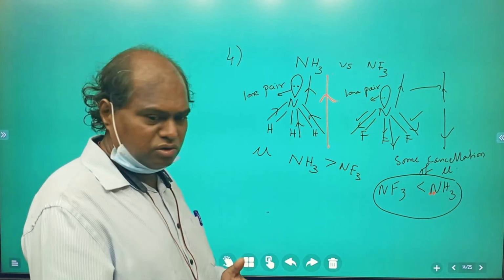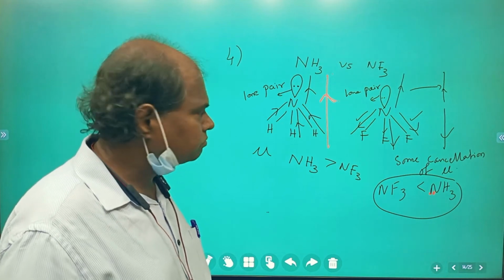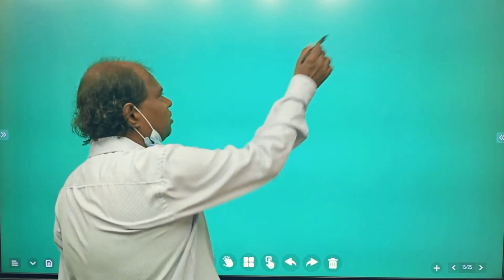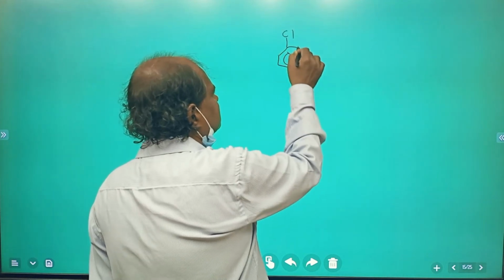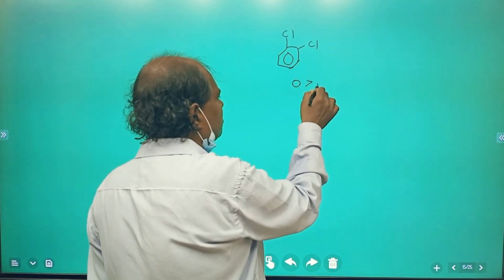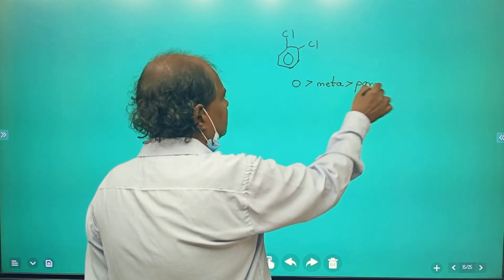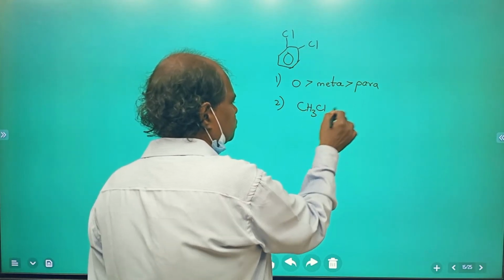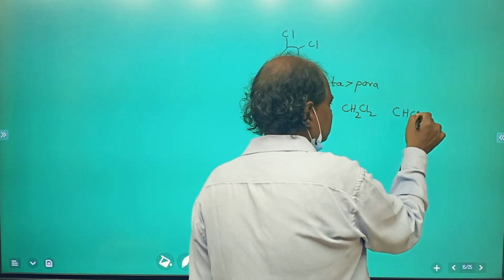So these are the three exceptions of what you see for dipole moment, right? So let me repeat now. If you see ortho benzene, ortho will have the highest, followed by meta, meta greater than para. Remember this first one. Second one is CH3Cl, CH2Cl2, CHCl3, CCl4.